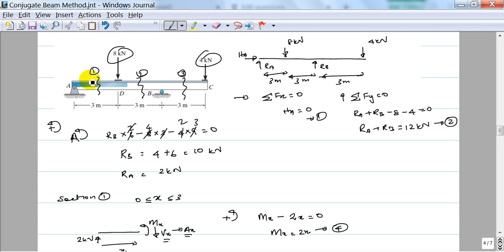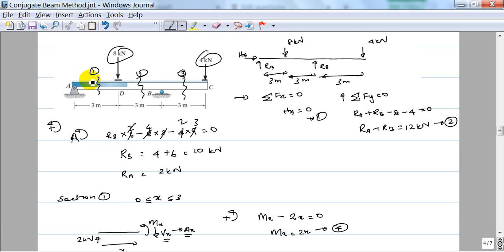Then if you consider the point B, where it's a roller in the real beam, which means at that point there can be some slope, but there cannot be any deflection.